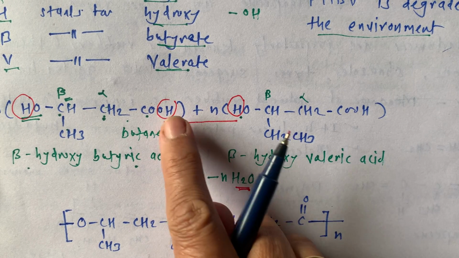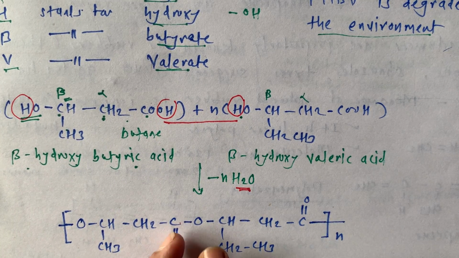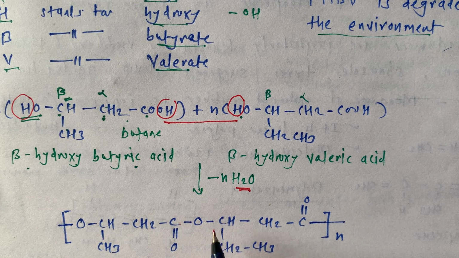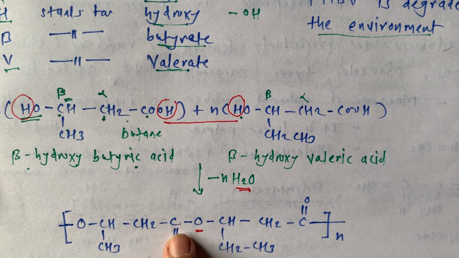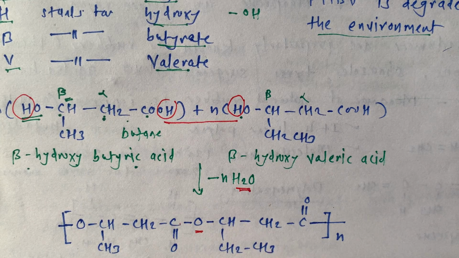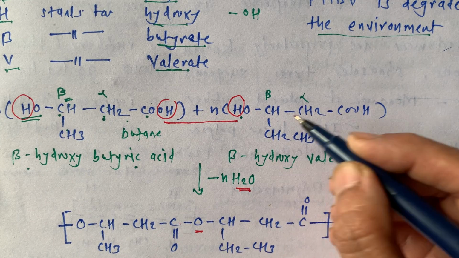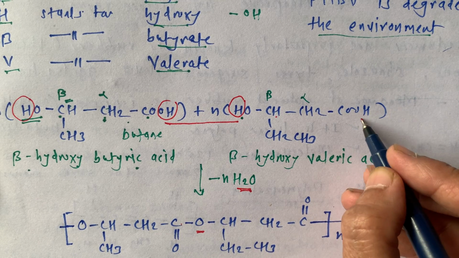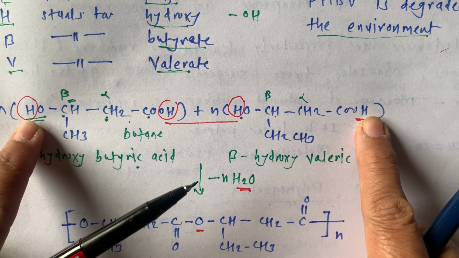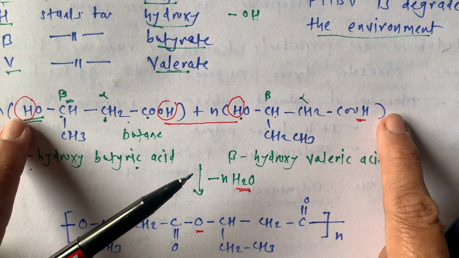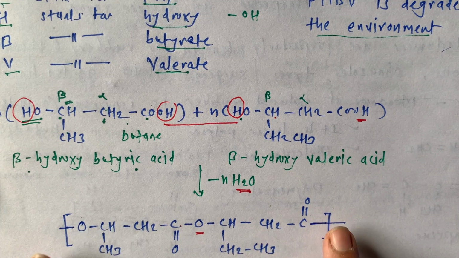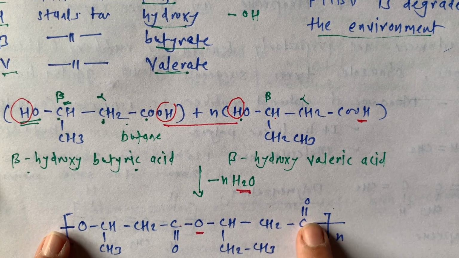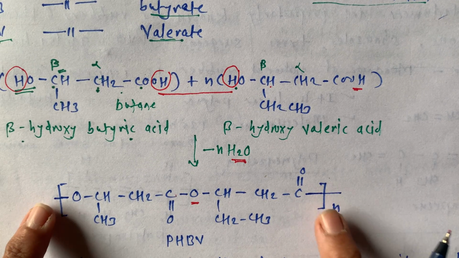We eliminated this OH and H, and that's why here is the condensation, and now there is a linkage between these two molecules, which is oxygen. Again here CH, CH2, CH3, CH2, C double bond O, again this OH and H removed, and they are ready to form a bond with another condensed unit.